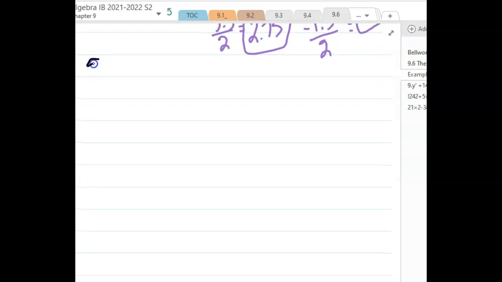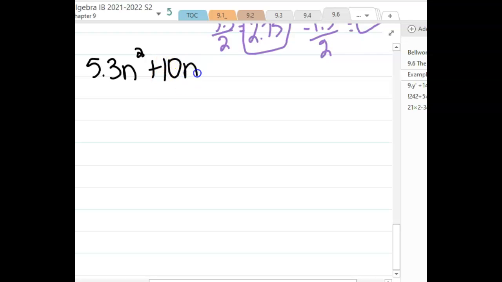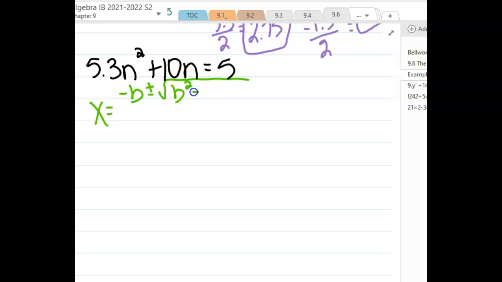All right, number 5. 3n squared plus 10n equals 5. All right, first thing, our new best friend, that quadratic formula. Let's copy that down. X equals the opposite of b plus or minus the square root of b squared minus 4ac all over 2a.